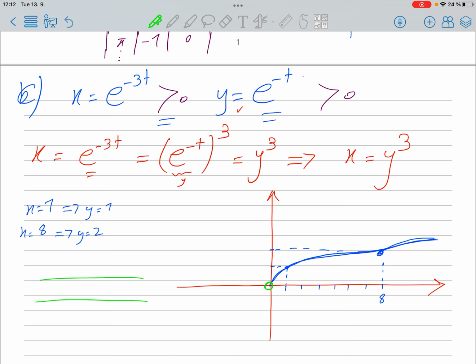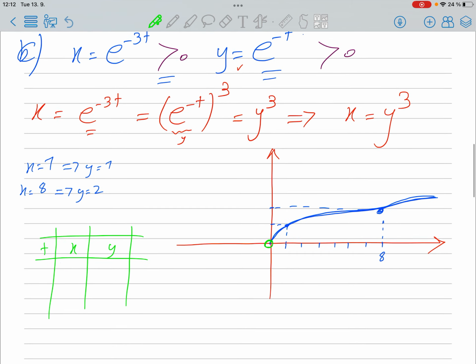Again, just draw your table for different values of t, and obtain x and y, right? So here, for example, put t to be 0, put t to be 1. You could also put t to be -1 as well.